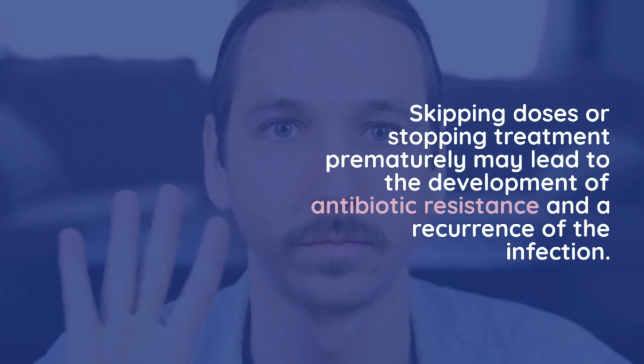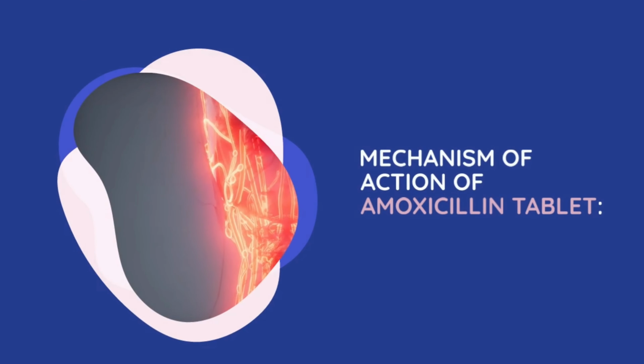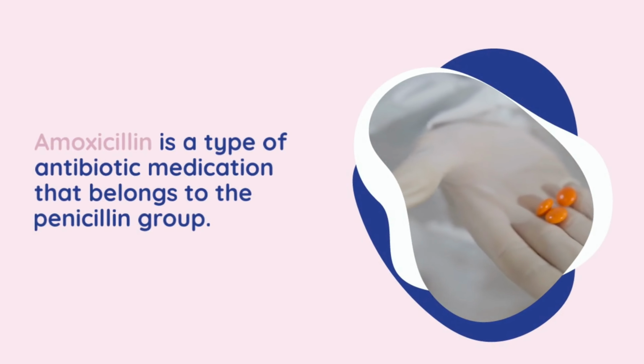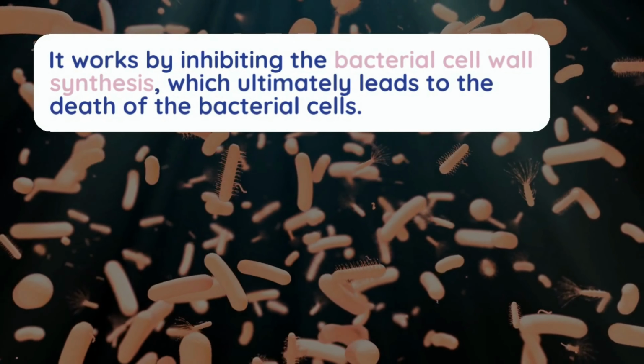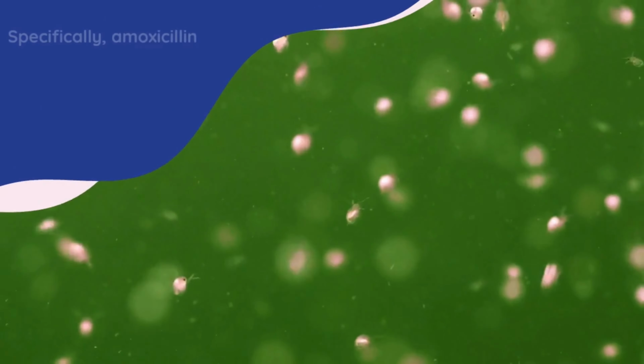Mechanism of action of amoxicillin tablet. Amoxicillin is a type of antibiotic medication that belongs to the penicillin group. It works by inhibiting the bacterial cell wall synthesis, which ultimately leads to the death of the bacterial cells.